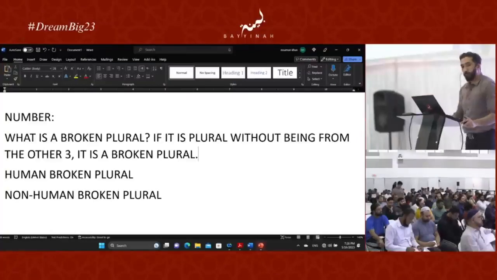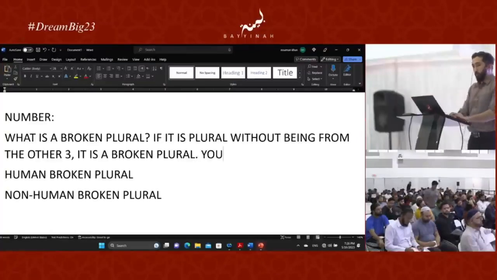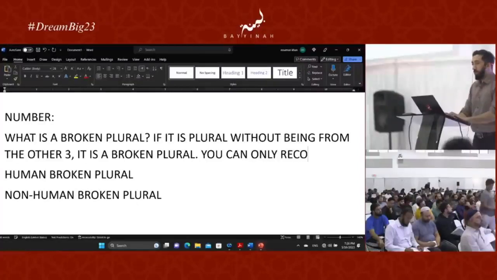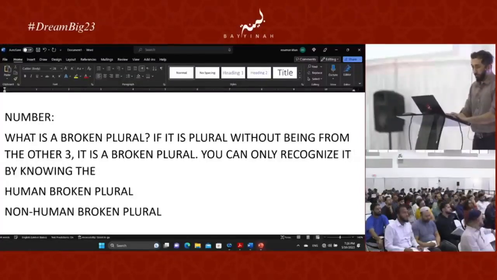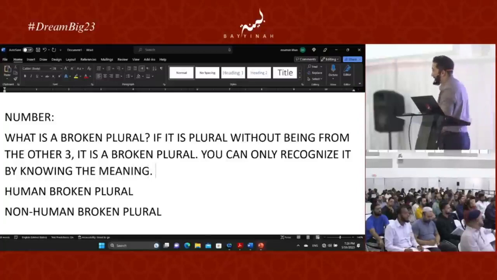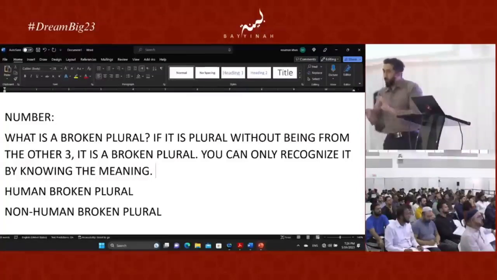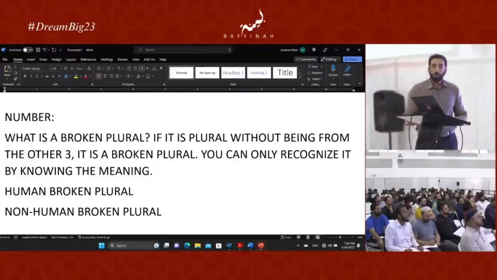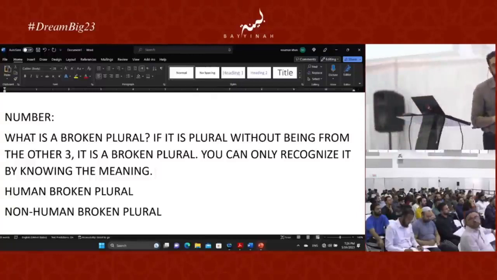Okay? You can only recognize it by knowing the what? Yeah, knowing the meaning. You can't recognize it otherwise. Sorry. Ustad, can you give me a clue? How can I tell if this word is a broken plural? I cannot. I cannot do so.